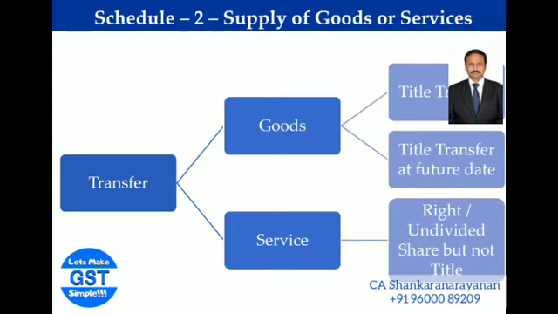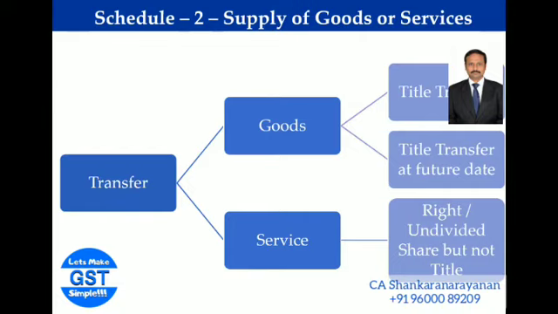But in case of hire purchase, till the time you make the last installment, it is considered to be the asset of the seller only. So only when you make the last payment, it will become your property. But that transaction is also treated as a supply of goods. I'll repeat. Transfer of title at a future date is considered to be supply of goods.